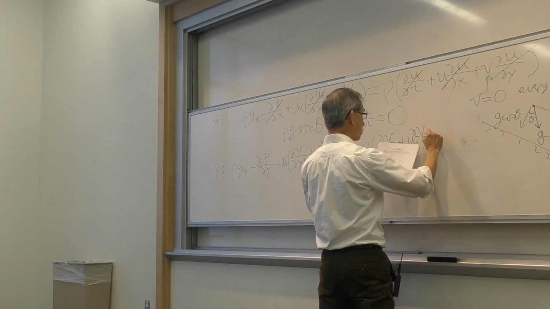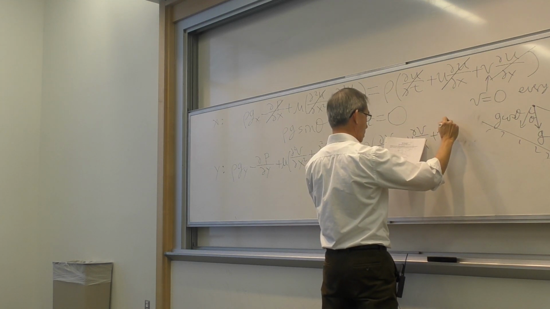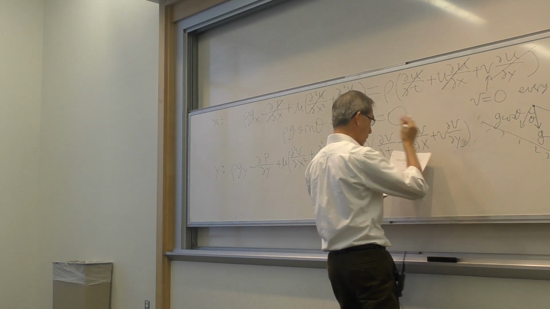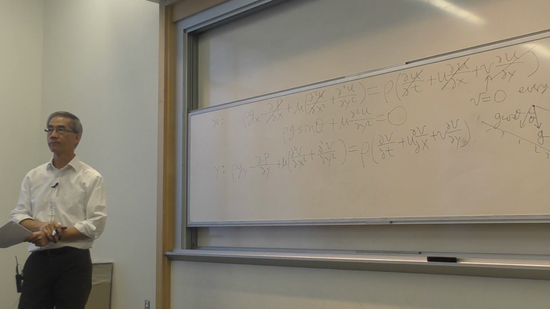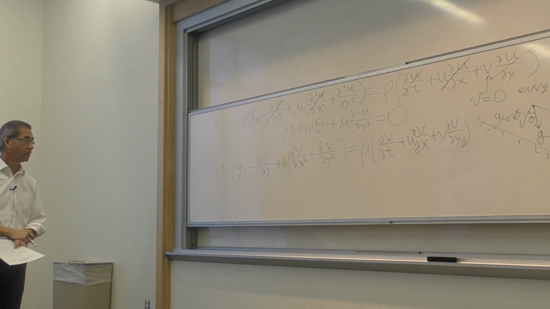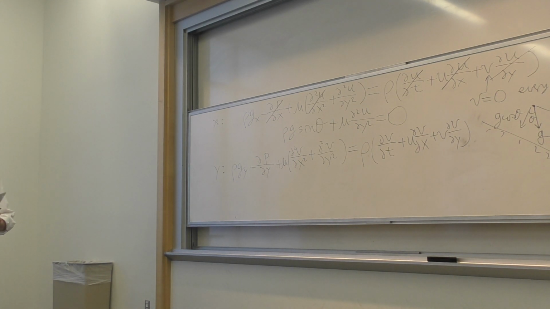So that's the part I want to go over because that wasn't covered in my lecture last time. And at the end of that, I think you will find some very striking and interesting conclusion. So help me to simplify this Navier-Stokes equation in the y direction.